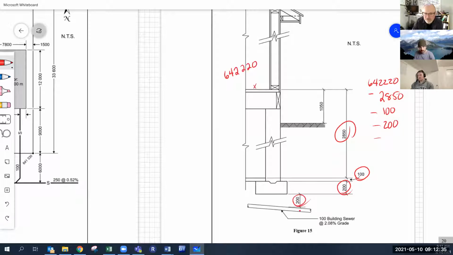We're going to minus off this 200. And then we're going to minus off 100 for the diameter of the pipe as well. And then I come out to the actual invert elevation where the drain leaves the house. If I do my math right, 639,770.